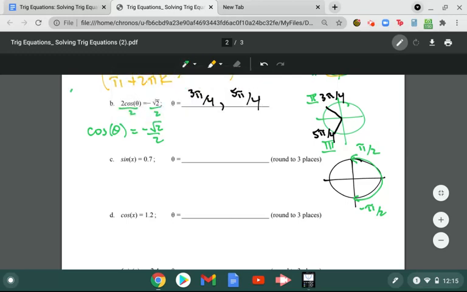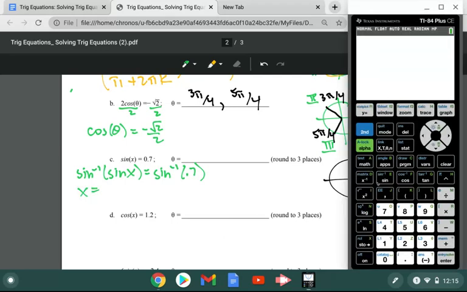I'll use my green. So I want to apply sine inverse to both sides. Sine inverse of sine of x is equal to sine inverse of 0.7. So x is equal to, I'm not going to leave the sine inverse, let's go ahead and just get some decimals going here. So sine inverse of 0.7.